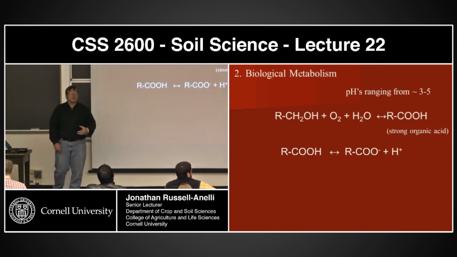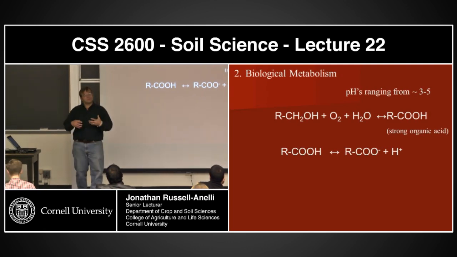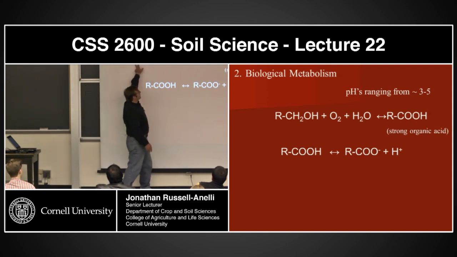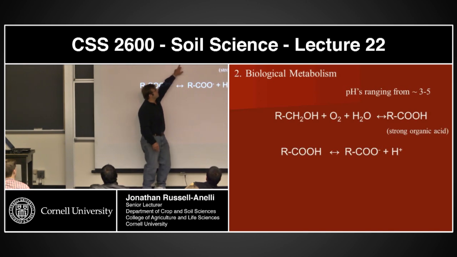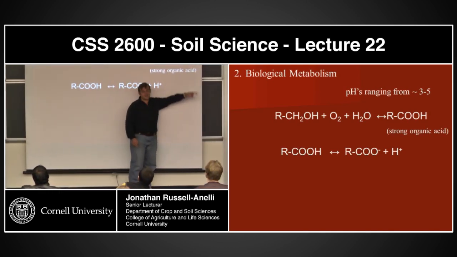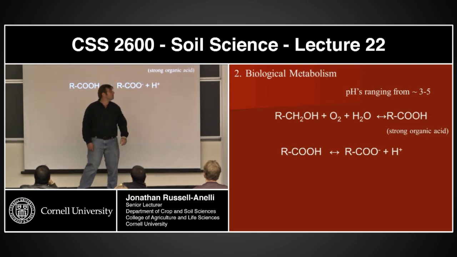Okay, the next one, biological metabolism. You start eating something, there's other byproducts besides CO2 and water. We are not totally 100% efficient. There's waste products. And some of those waste products, here's that organic molecule again in the presence of oxygen and water. One of those byproducts is basically organic acids. These are fairly strong, okay?